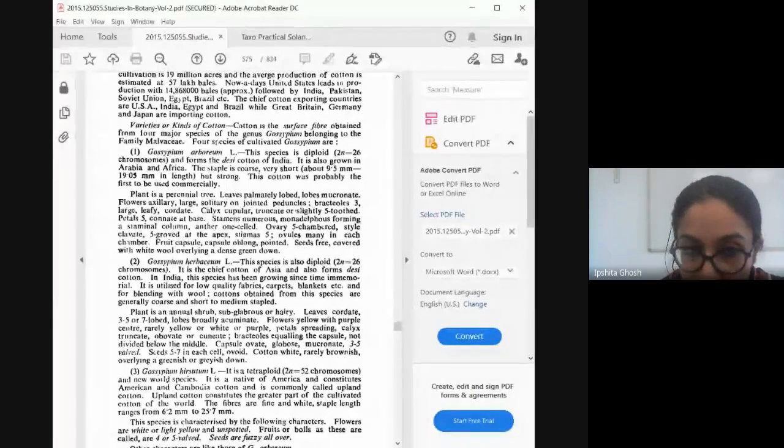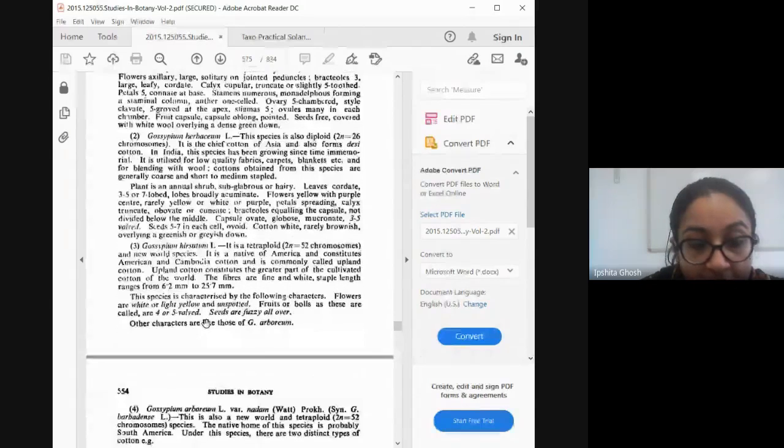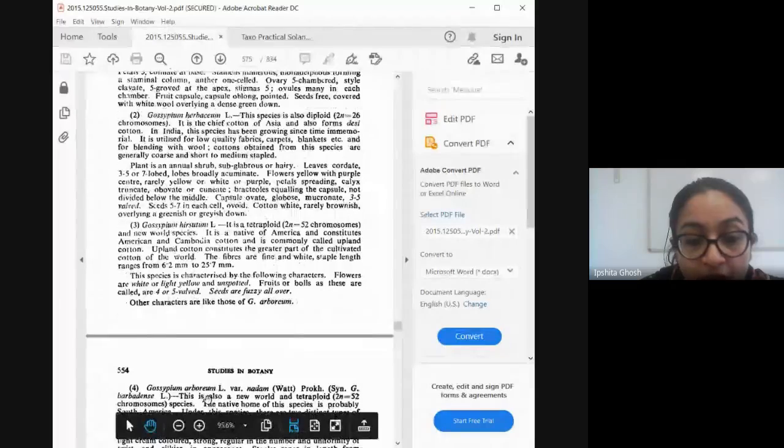Remember this. You can note it down somewhere, or I will definitely provide this to you, as you are anyway getting the material. So it belongs to the Gossypium genus of the Malvaceae family. There are four species here which we are talking about: Gossypium arboreum, Gossypium herbaceum, Gossypium hirsutum, and Gossypium arboreum variety nadum.